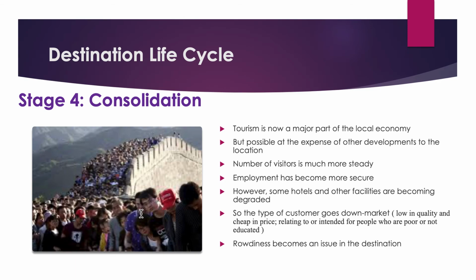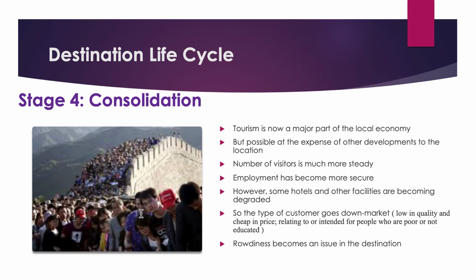So you can see that because it gets so crowded, it actually affects the daily life of the local people. Okay, so examples of this stage can be found in some areas in Barcelona in Spain, or Singapore, Marina Bay Sands and Resorts World Sentosa.